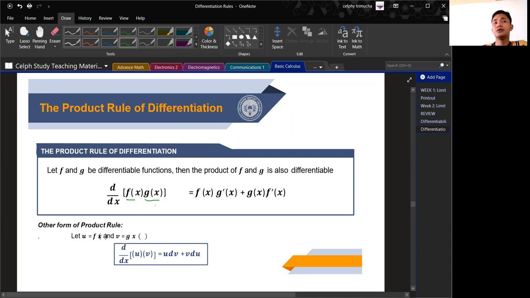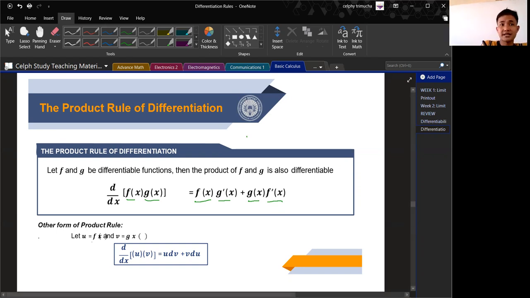So if you solve for the derivative nga naka-multiply sila, first, you have function of x, copy ang function of x, multiply sa derivative of your second equation, plus, copy ang second equation, multiply sa derivative of your first equation.